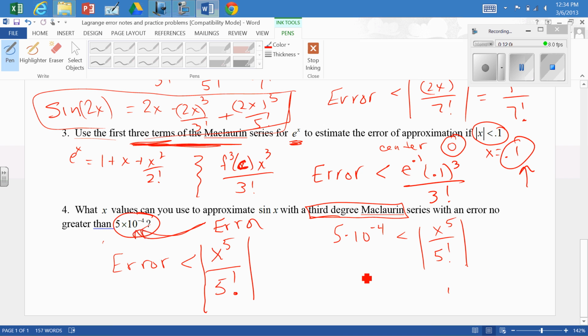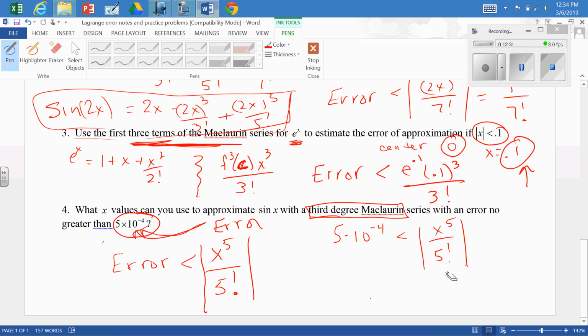Something seemed wrong. So what this is telling us, if we split this up, we have x to the fifth over 5 factorial is going to be less than, I'm sorry, greater than 5 times 10 to the negative 4. Well, no, let's do it this way. Okay, I'm getting myself all messed up here.